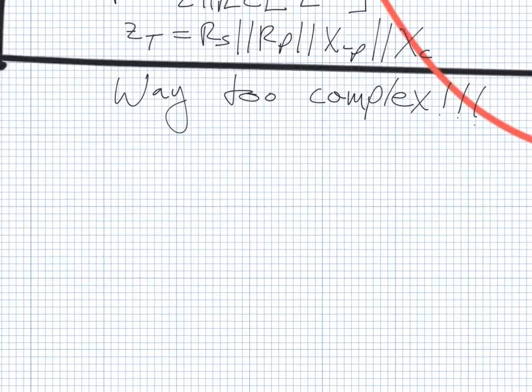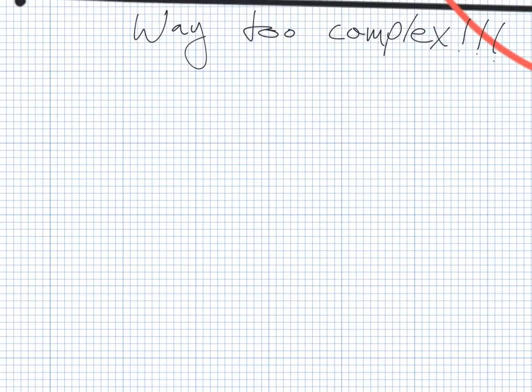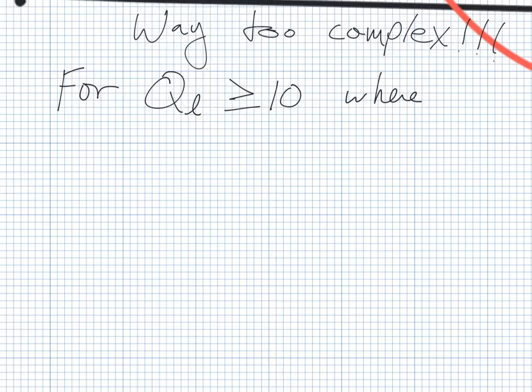The first approximation we're going to make is to assume that the Q factor for the inductor is greater than 10. That's a pretty good assumption for most cases. We're going to make that assumption and derive some of the equations we're going to use to solve problems. All the problems that you solve in your homework assignments that follow this are going to have Q factors greater than 10.